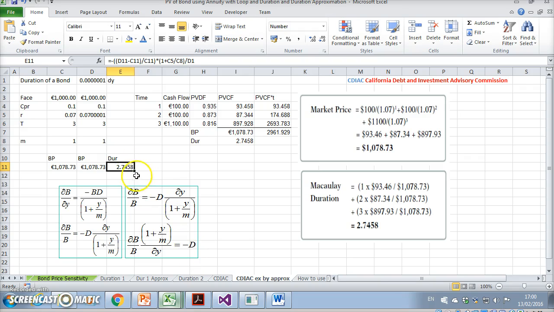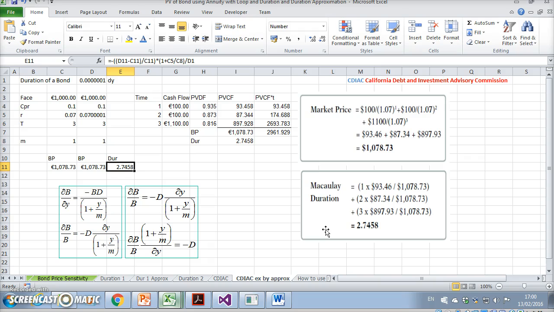And as we can see here, the same values are discovered, right? So this relatively crude approach actually can give duration consistent with Macaulay duration.